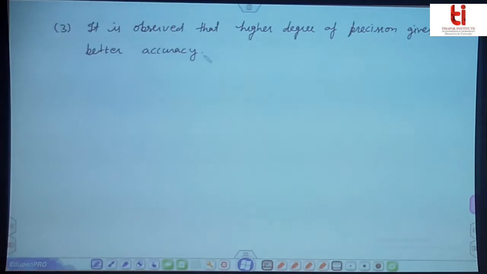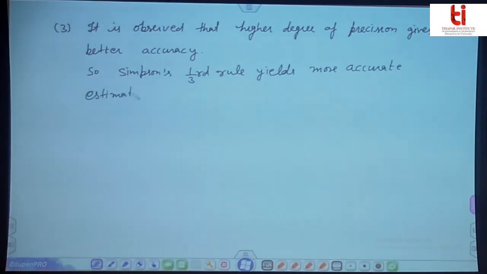So Simpson 1/3 rule yields a more accurate estimate than the trapezoidal rule.